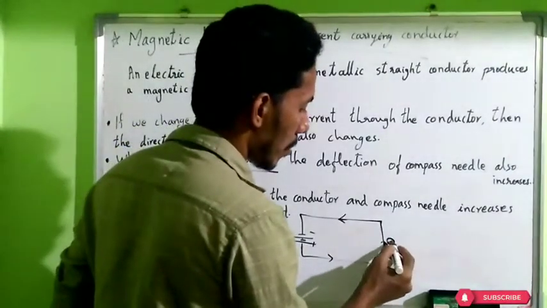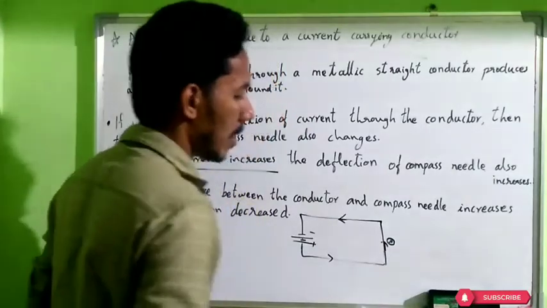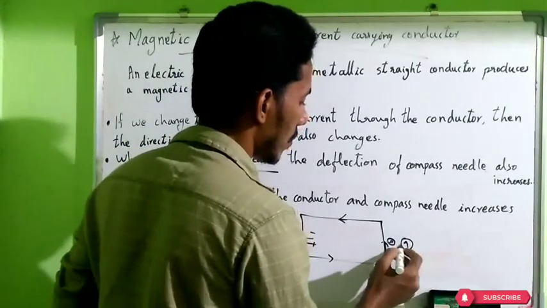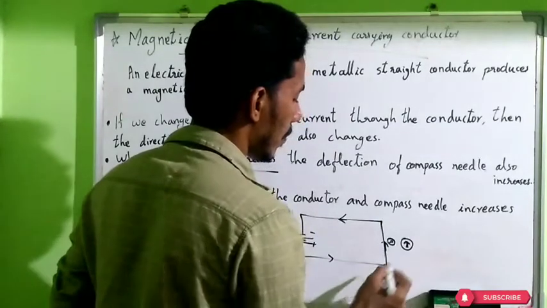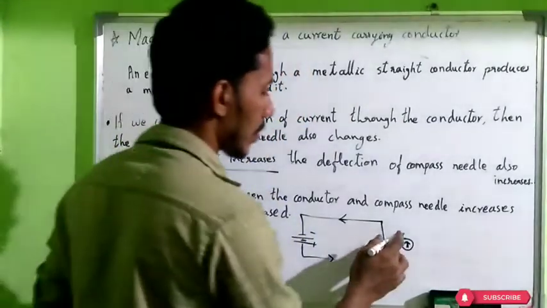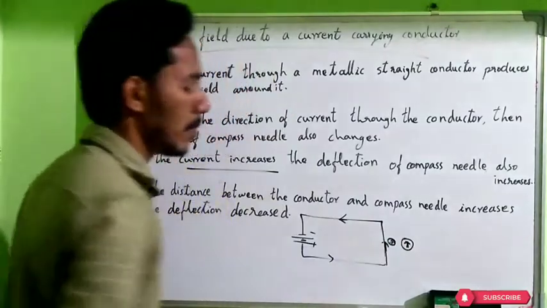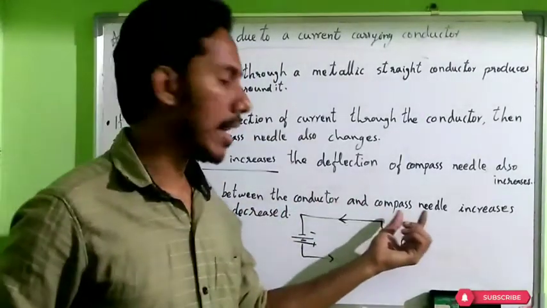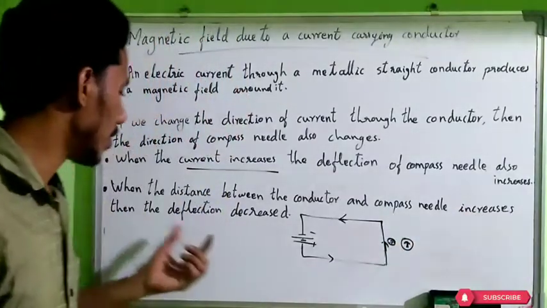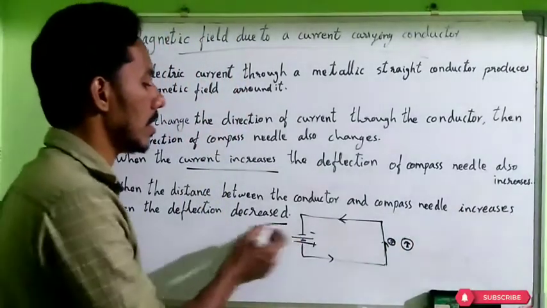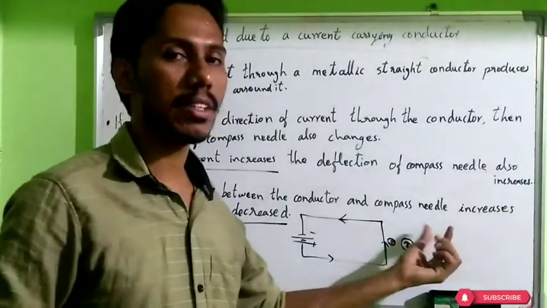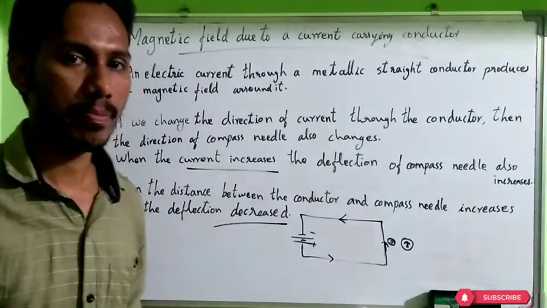Firstly, you place the compass needle here. Secondly, you place the compass needle here. Then what happens? When the distance between the conductor and the compass needle increases, the deflection decreases.